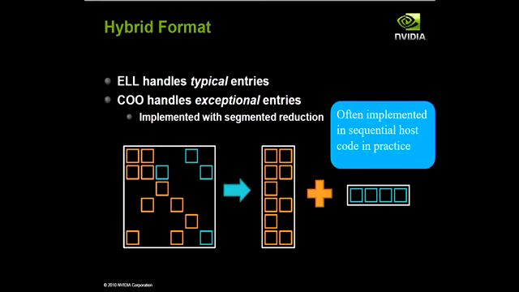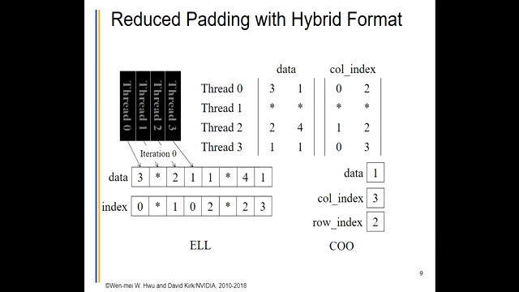We can determine how much padding we're willing to make. Then we do the transpose for the ELL. And then we write an atomic operation-based kernel to process the COO format, and then we merge the data together, and we're done. So this is called a hybrid format.